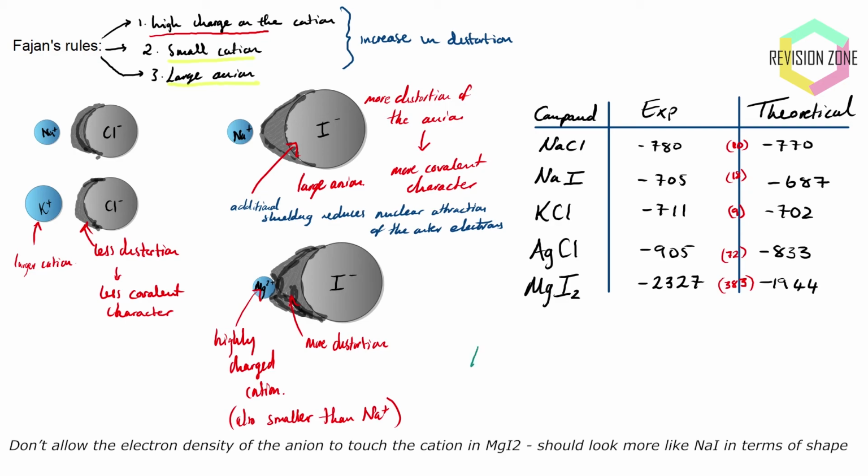So the higher the charge density on the cation, the more distortion and hence covalent character.